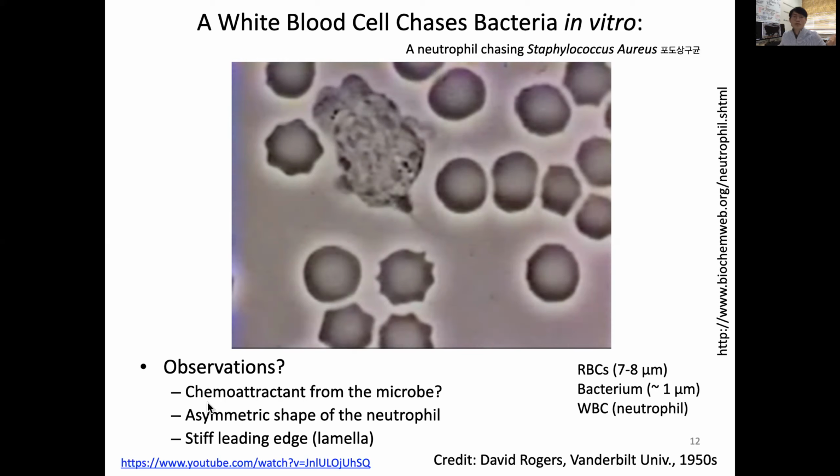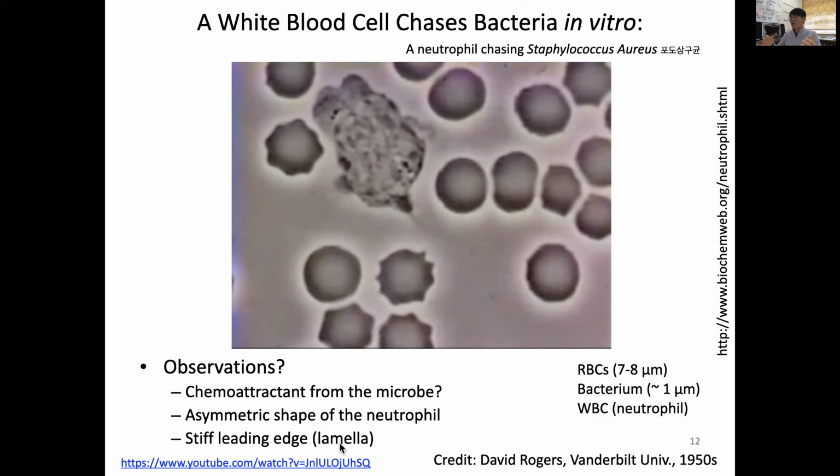That material could be a chemoattractant from the microbe, so that the white blood cell somehow senses where this bacterium exists. Also, this white blood cell has polarity, with a leading edge which is chasing, and it also has a tail. That leading edge is called lamella, or multiple lamellae, and it's kind of stiff, and it can actually push the red blood cells.